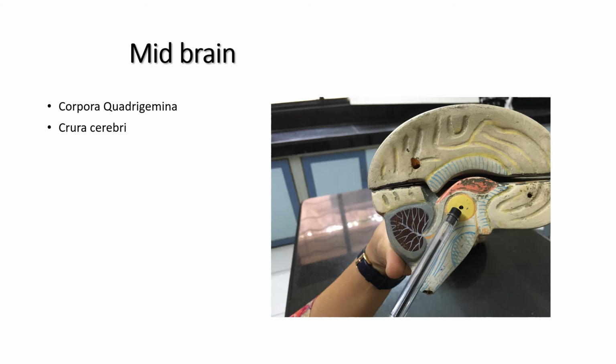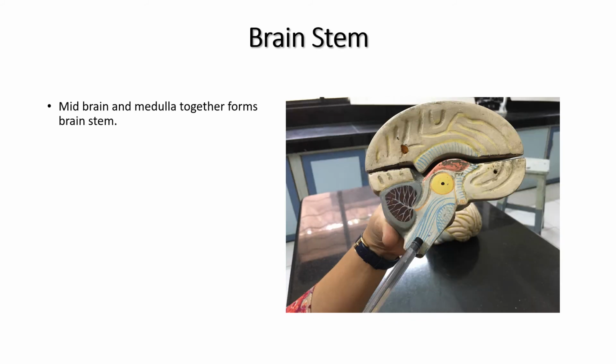The corpora quadrigemina are four lobular structures. They control the movement of the head. The brainstem is formed by the midbrain and the medulla oblongata. This is the stalk, or axis, which is useful to balance the cerebrum.